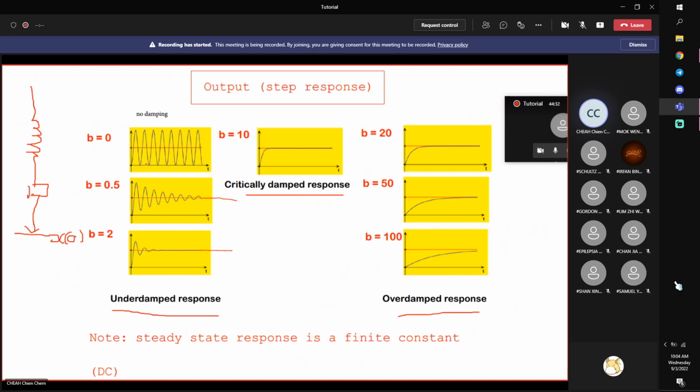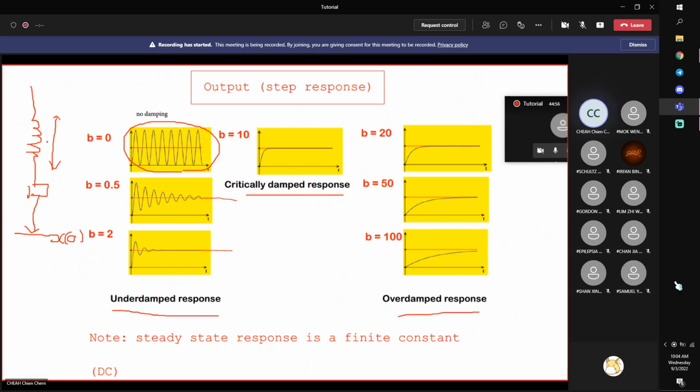Now, firstly, if there's no friction, which means that if you do this experiment in space, once you release this, the spring will just keep bouncing up and down. It's hard to imagine on Earth because we have air friction. It will eventually stop, but in space, there's no friction, it's a vacuum.